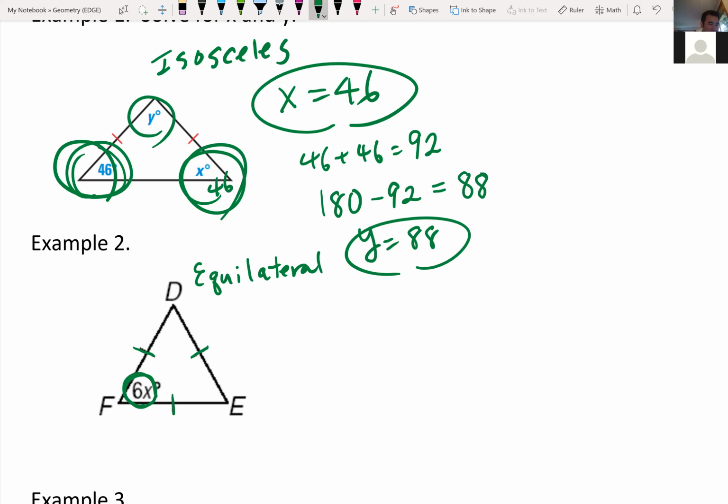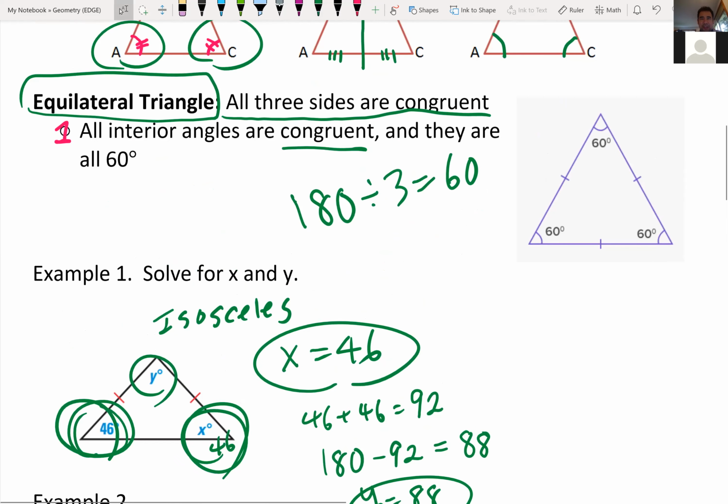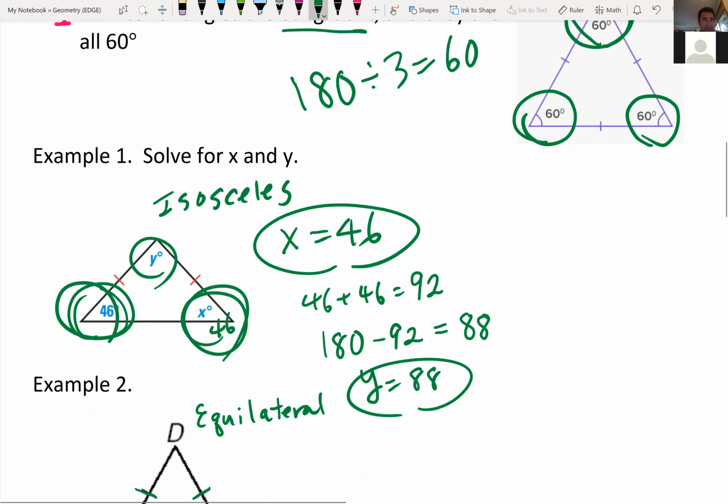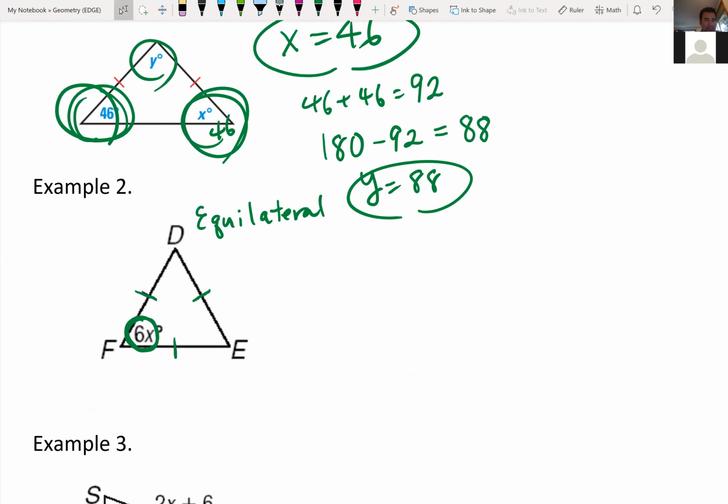What do you know about the angle measurements of equilateral triangle? What did we talk about? We know that equilateral triangle, each angle is all going to be 60 degrees. So let's solve for x.